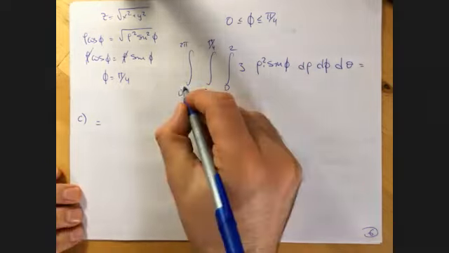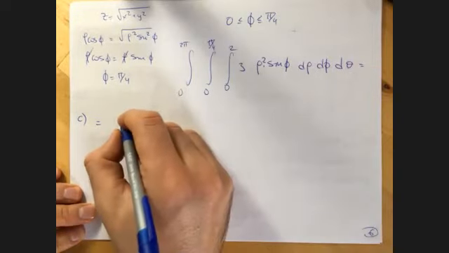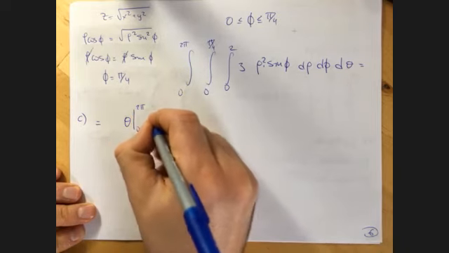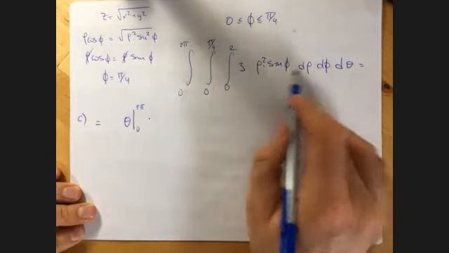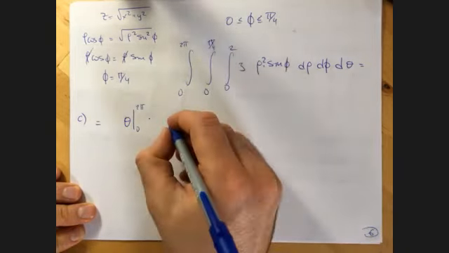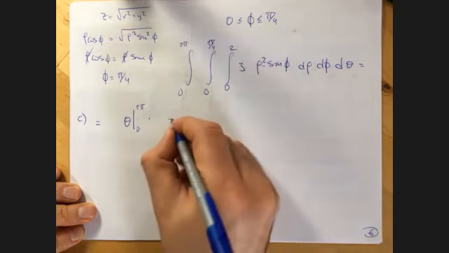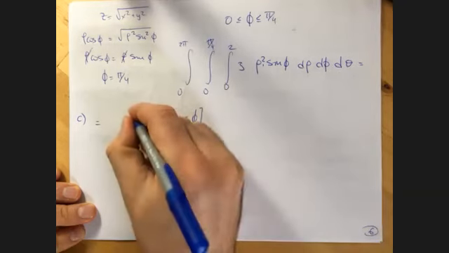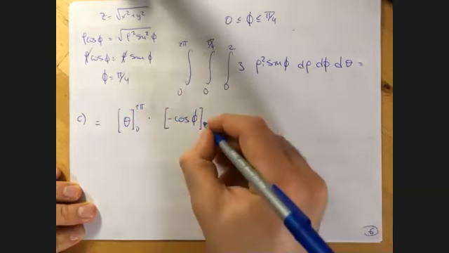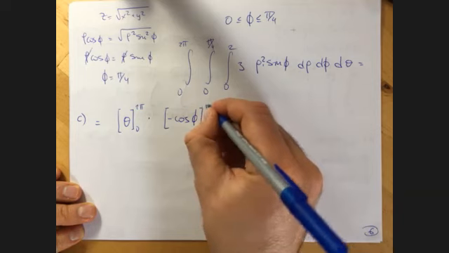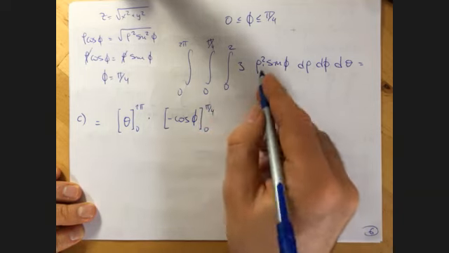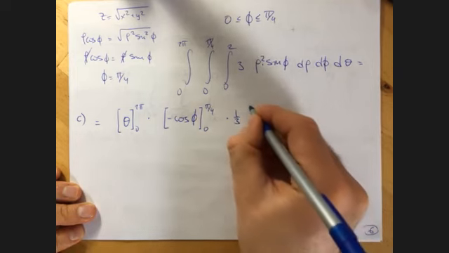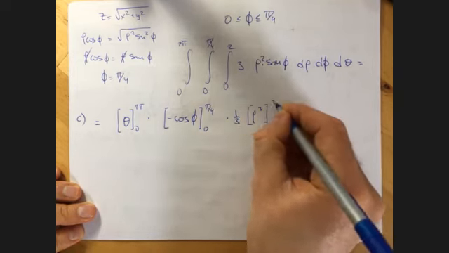So the integral of d theta is just theta evaluated from 0 to 2 pi, times the integral of sine of phi, which is negative cosine of phi evaluated from 0 to pi over 4, and the integral of rho squared is 1/3 rho cubed evaluated from 0 to 2.